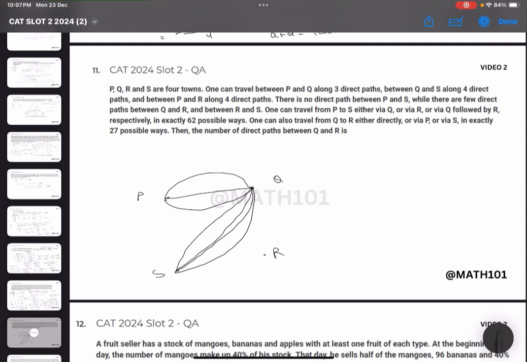There is no direct path between P and S, while there are few direct paths between Q and R and between R and S. One can travel from P to S via Q or via R, or via Q followed by R, respectively, in exactly 62 possible ways.